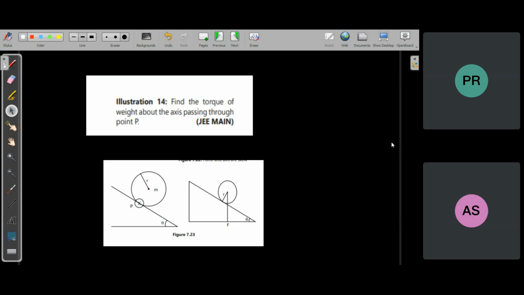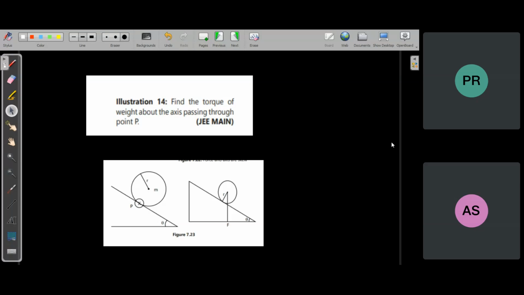P is the point of contact of the sphere with the inclined plane. About that point, we can directly use the formula. So use it in this situation.